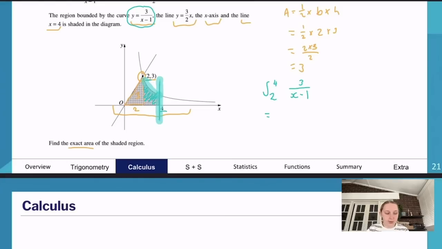the formula sheet when we've got, what do you call it? A fraction like this. So then we're going to be thinking about, we're going to get 3 ln x minus 1 and 4 and 2, because what we want to do is then take this out.